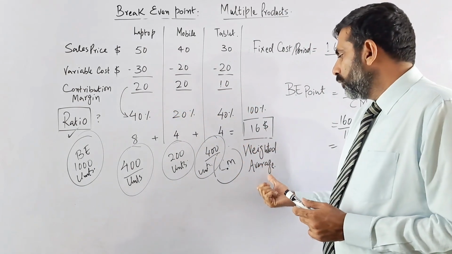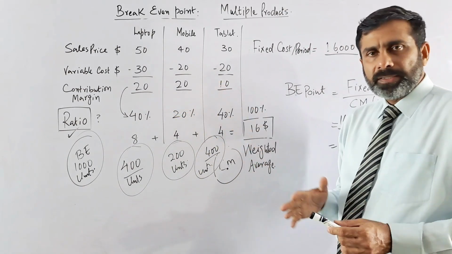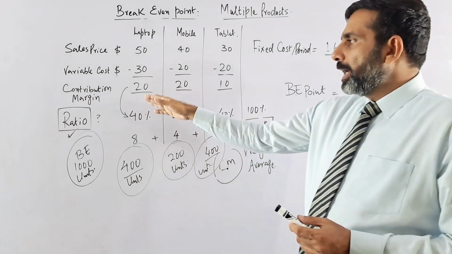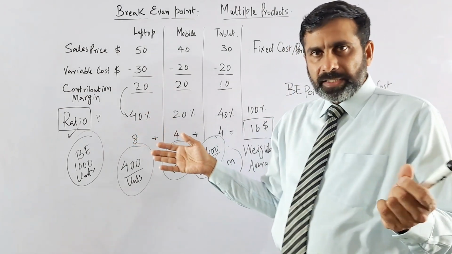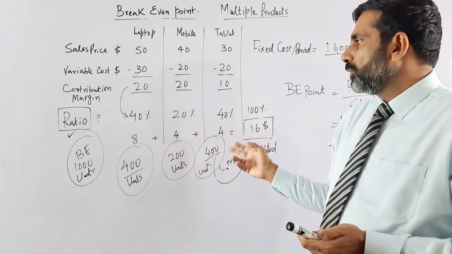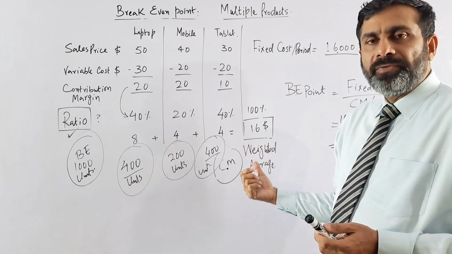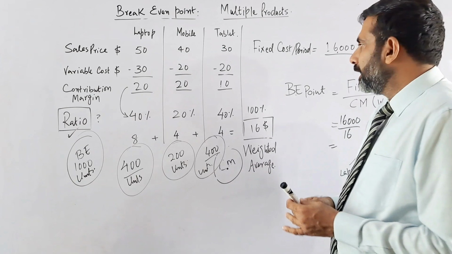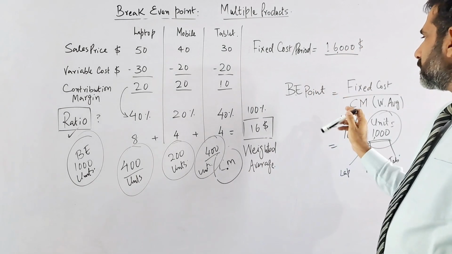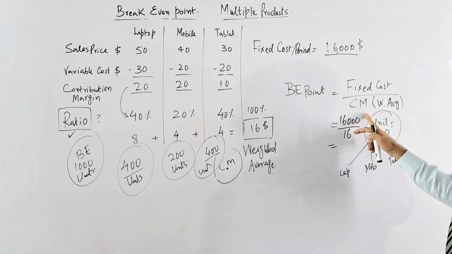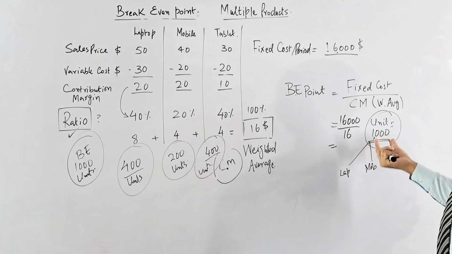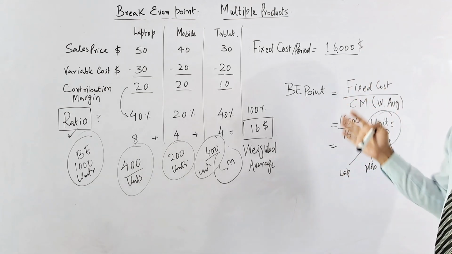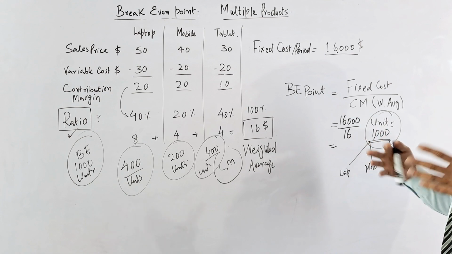So we first have to calculate the contribution margin, simple. Then by multiplying by the ratio or the percentage, we have to calculate the weighted average contribution margin. Then we divide the fixed cost by the weighted average contribution margin, and what we get will be the break-even point for all the products, the combined break-even point.